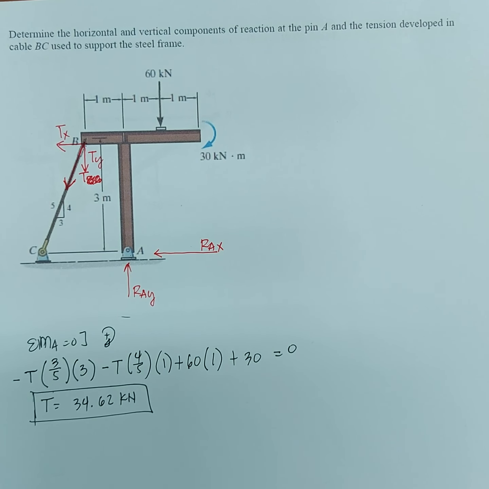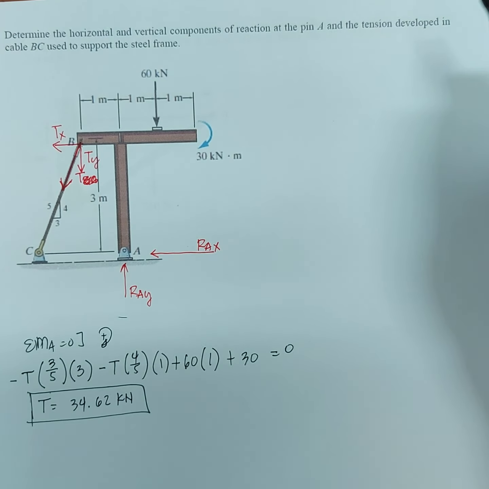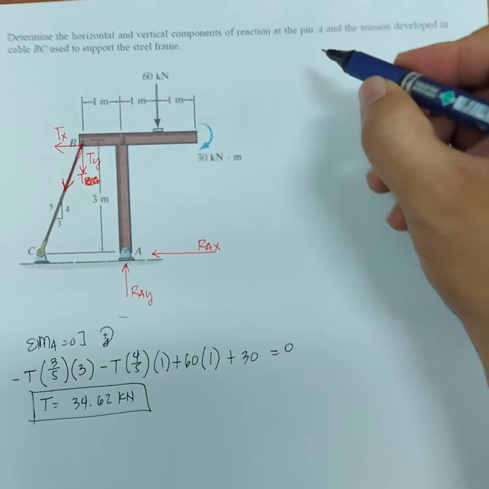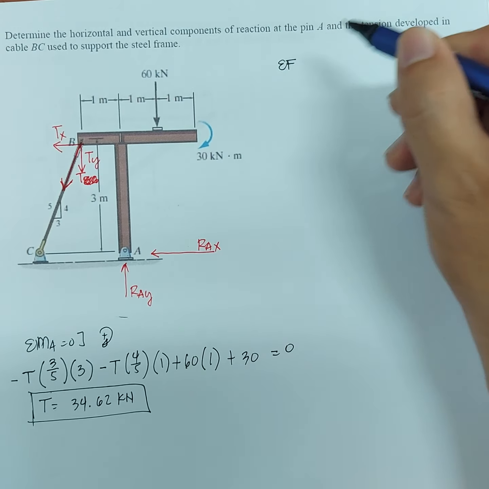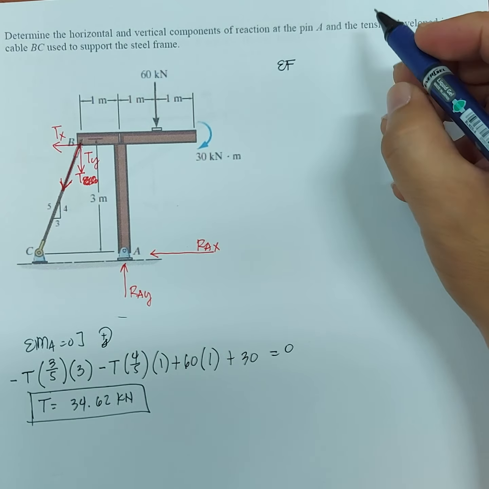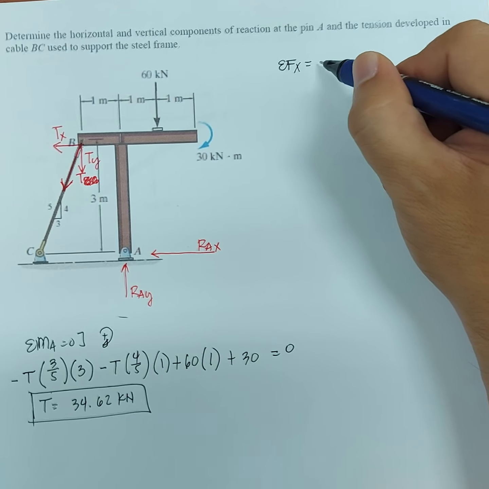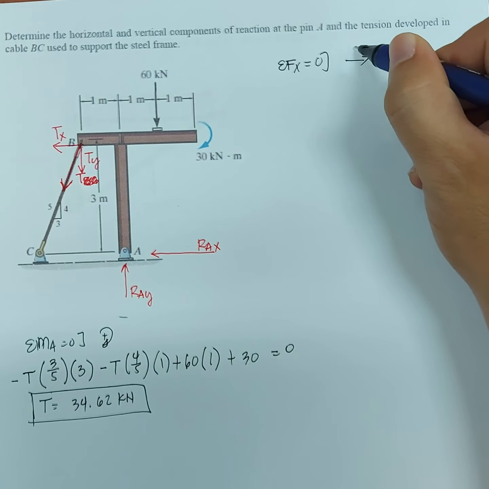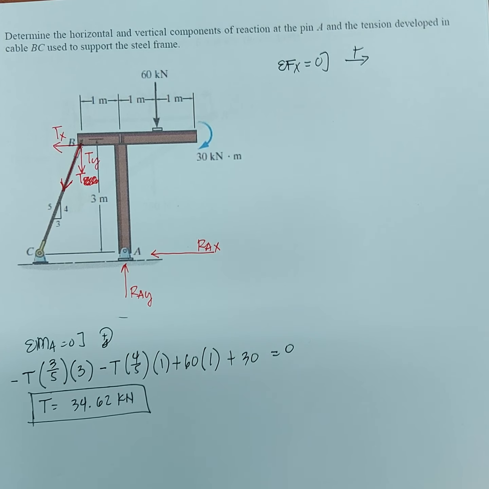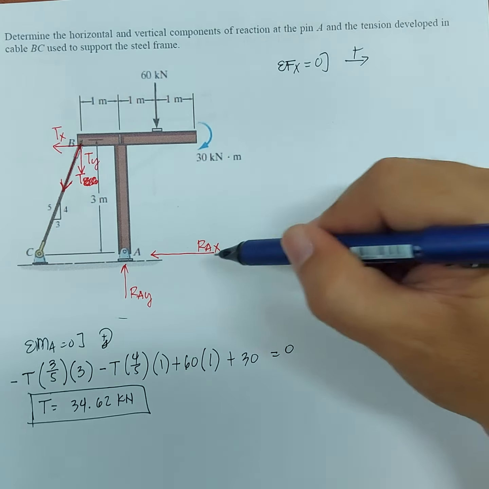Okay, next, let's solve for RAX and RAY. We're going to use the other conditions of equilibrium. So we can summate forces along the x direction. Forces to the right are positive. So what forces are along x? Of course, RAX.